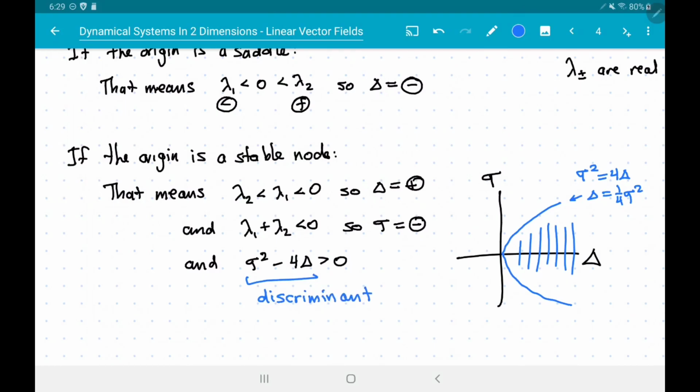Discriminants can be generalized to polynomials of any degree, but this is the one for a quadratic. So this parabola is where the discriminant is 0, and within the concavity of the parabola, the discriminant is negative. Let me clean this up a little bit. This is delta equals 1/4 tau squared. Outside the parabola, the discriminant is positive.